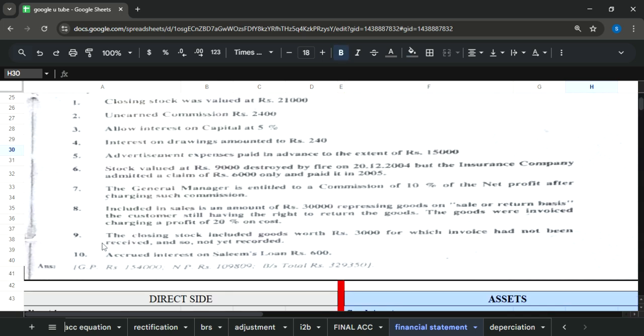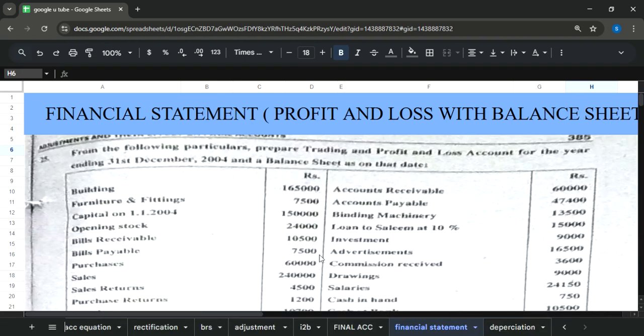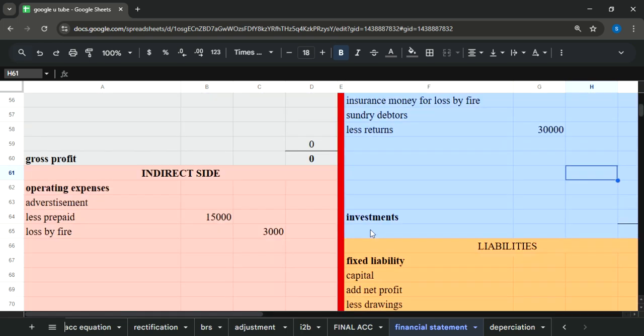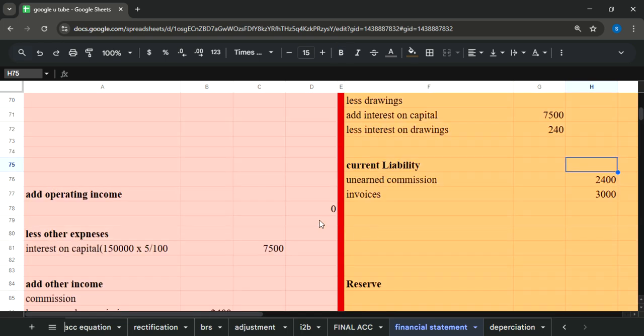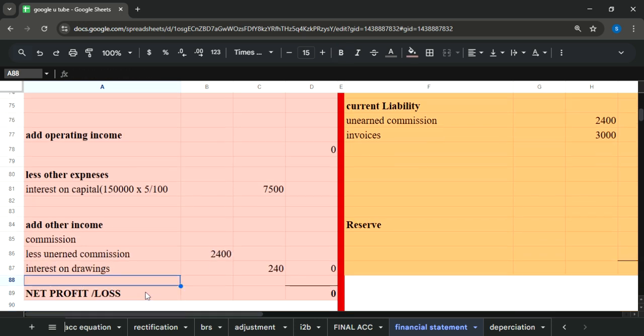Okay, now the 10th entry, accrued interest on Salim's loan. First we will see what kind of loan it is, and you can see it is loan 2. You have given this loan to Salim, so it is favorable. It means you will receive interest. So we will go to the other income side, and here again we need another line.